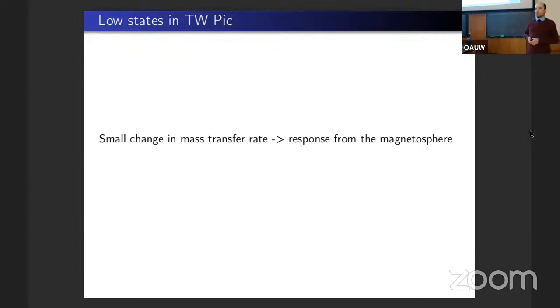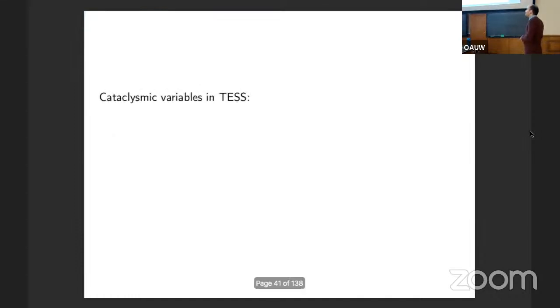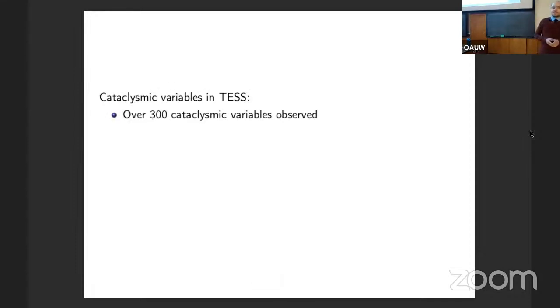So moving forward to my current work here, I am studying cataclysmic variables with TESS. Currently, my sample has over 300 objects, but this year probably will expand to 500 objects.